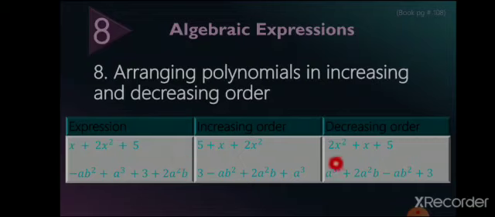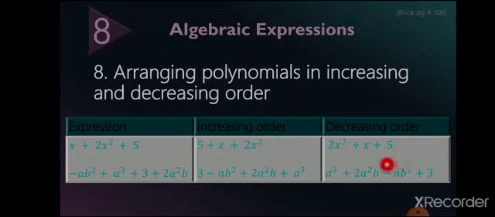So we have written, in decreasing order, a cube is the highest power. After this, 2a square b. The power of a is 2. So we have written it here. After that, in this one you can see the power of a is 1. So we have placed it here.